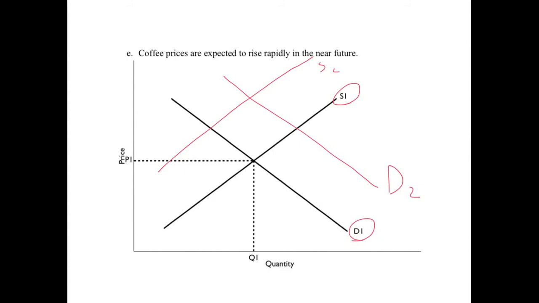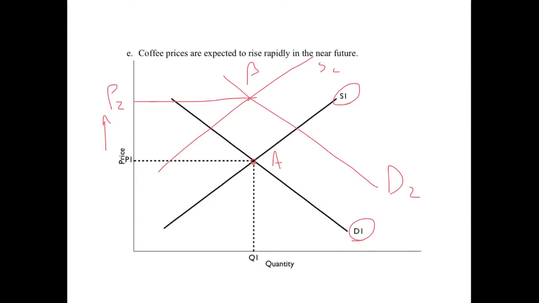In this case, as we go from our initial equilibrium A to B, it's helpful if you use different colors. You can see clearly the new equilibrium. Obviously, the price of coffee has risen. Notice this is a self-fulfilling prophecy. We expected the price of coffee to rise, and indeed it does.